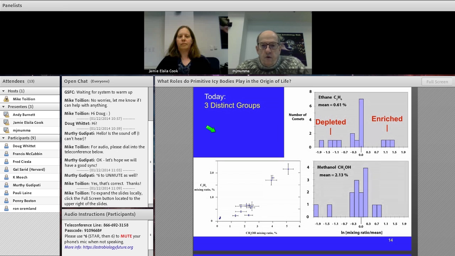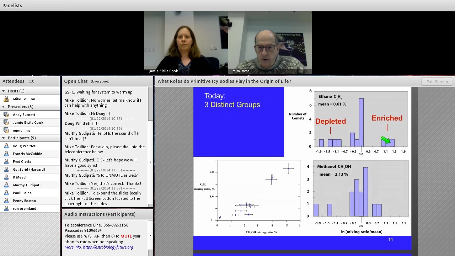Now, we've tried to group these cometary bodies. The infrared teams have put together a database on roughly 25 to 30 comets. And for the ones that are best characterized, if one just shows the number of comets versus the abundance of ethane relative to water, you can see there's a real clumping in this area at around 0.6% relative to water.